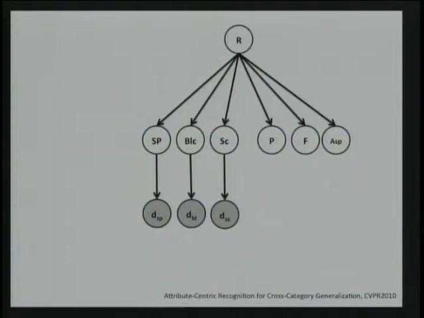So what I do in this graphical model is let my attribute detectors talk to each other through a latent root. So you can think of the root as a multinomial distribution, as an index of the cluster number 1, cluster number 5, and so on. I'm going to call the set of attributes for which I can build a detector A, and the set of attributes for which I cannot learn a detector B.